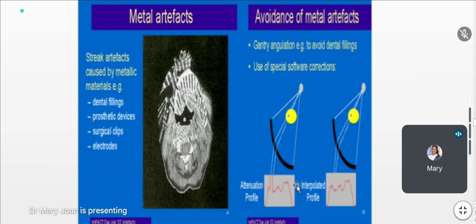Avoidance may not always be an option, but we can use specialized software to correct these artifacts to some extent, depending on the size of the metal object and the amount of artifacts present.